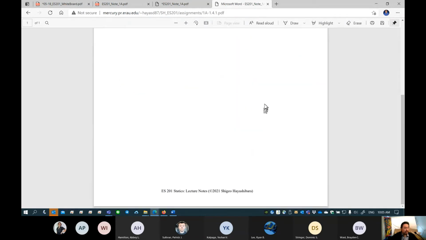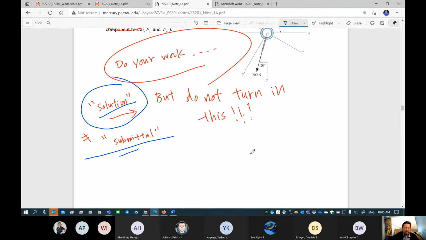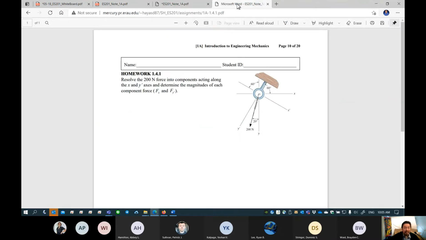You are going to either download it to your device and use your digital device to do your work, which I don't recommend, or you can print it out on paper and use your pen and pencil. Based off of your solution, you are going to try to explain what you did, then save it as a PDF and submit it to the OneDrive. That's what you do.